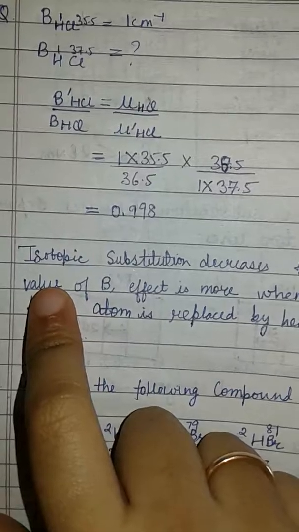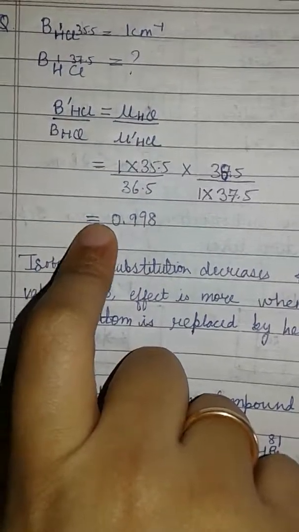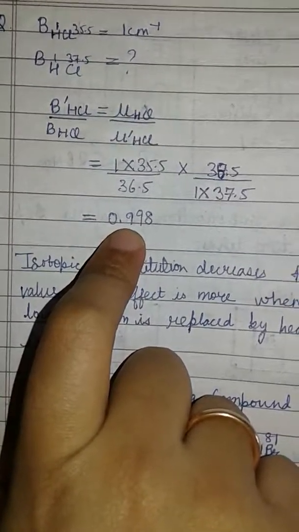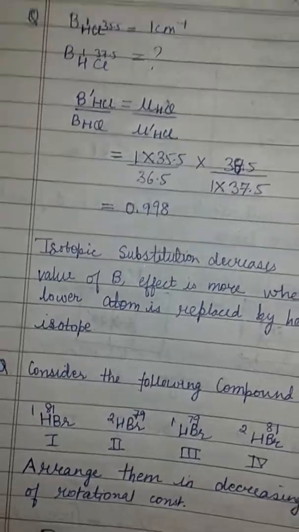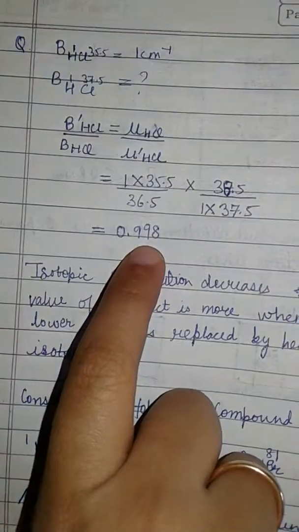So what we have concluded is that B of normal HCl is 1 centimeter inverse and B of isotopic HCl is 0.998. In the previous question we have seen that B of HCl is 1 centimeter inverse, and for deuterium HCl it is 0.5, just reduced to half. Here there is only a small difference.